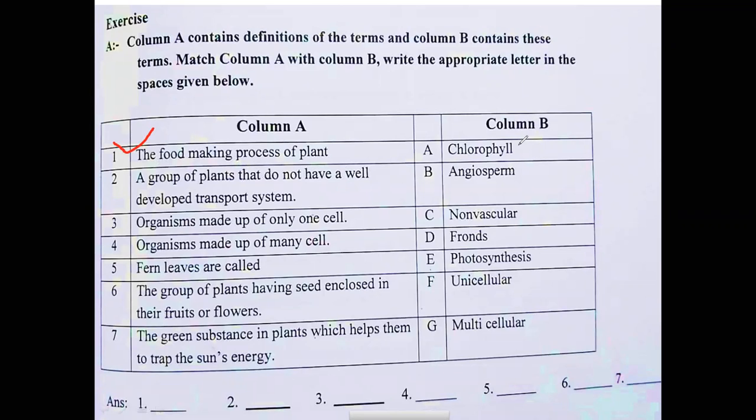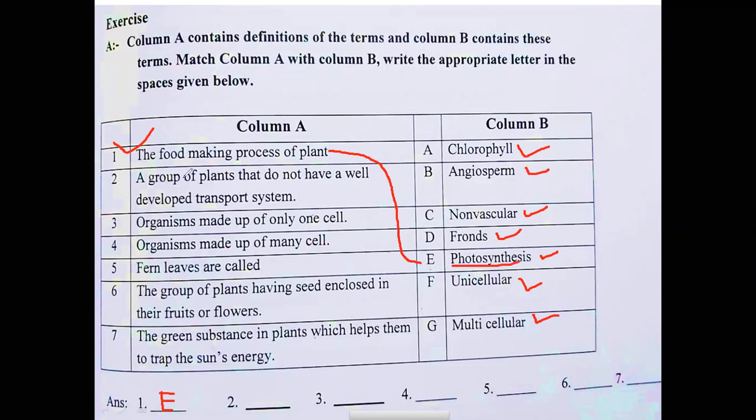What is the answer of this one? A. Chlorophyll. B. Angiosperm. C. Non-vascular. D. Fronds. E. Photosynthesis. F. Unicellular. G. Multicellular. So what is the answer, dear students? Very good. The answer of this food making process of plants is photosynthesis. And you have to write E in number one.